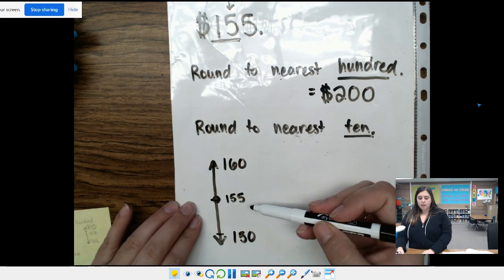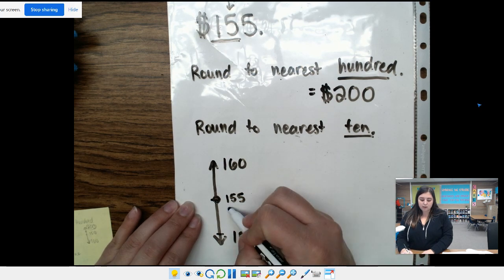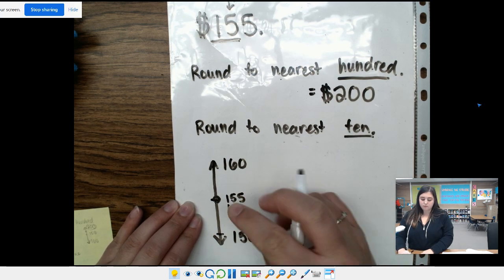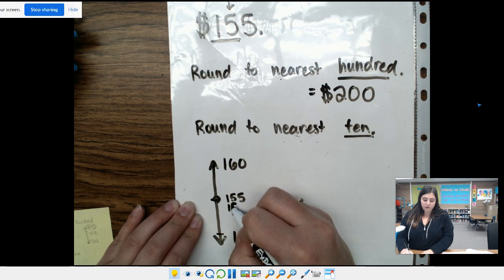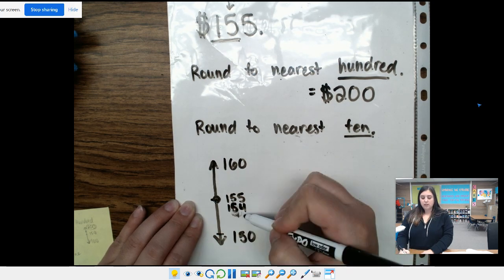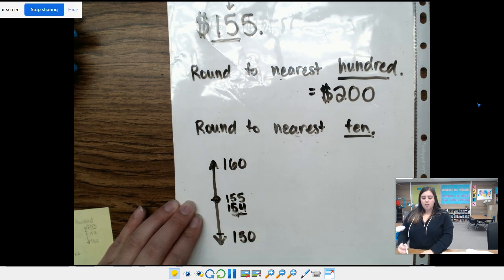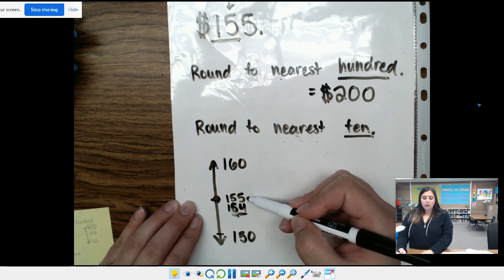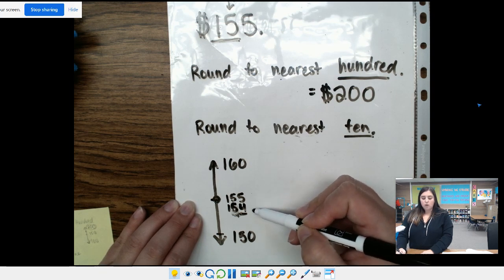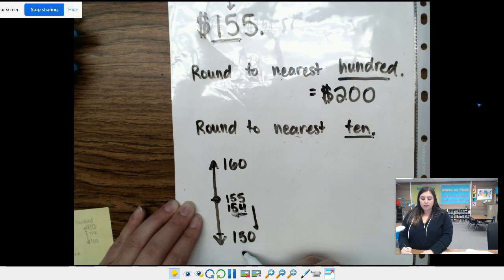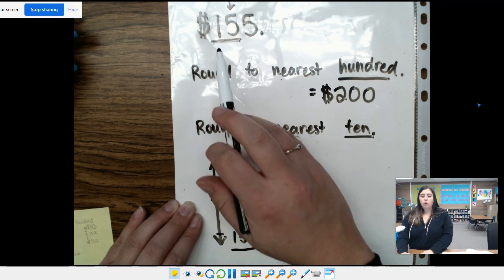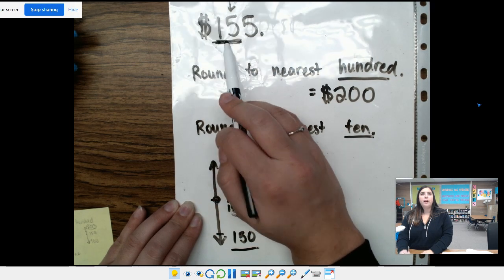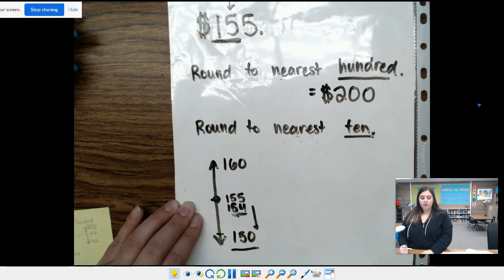On here, if it is anything below this, so 154, there's that 4 I was talking about. If it was anything below this midpoint, we would let it rest. We would keep it with what we started with up here, my 15, which was 150.